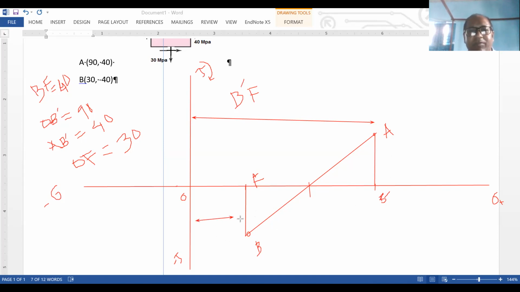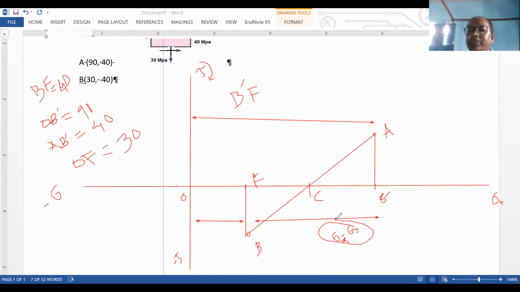Distance from here to here, how much? Sigma y. So this distance will be sigma x minus sigma y. Then if this is C, how much will be FC? Half of this one. So find point C intersecting the x-axis, then you will solve your problem.